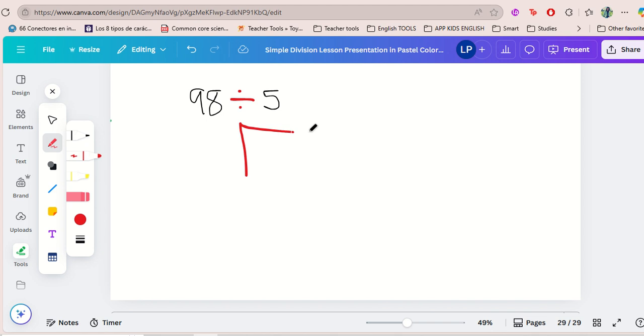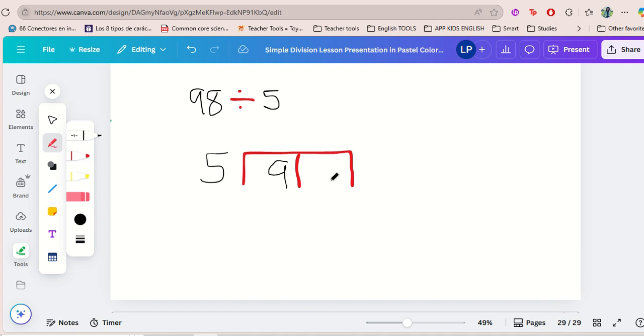I'm sorry, that is too big. 98. So let's put the divisor 5 and the dividend, that is 98. Now, 5 times what gives me 9? Is that possible? Do you remember?